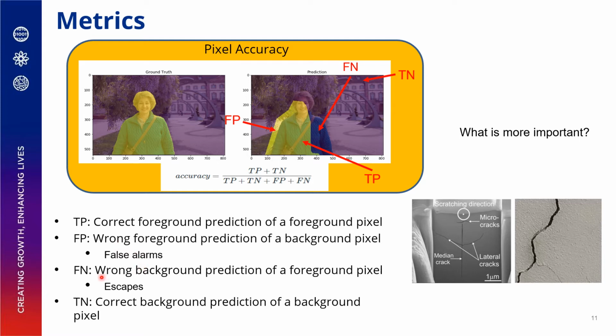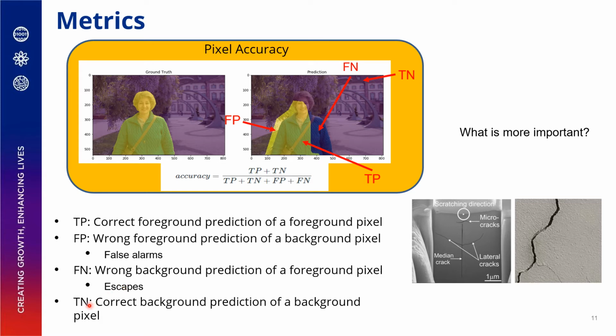Now you have false negatives. False essentially means that you identified something incorrectly, right? So the opposite of this would be false negatives, where you identified something as background, which was actually foreground. In semicon especially, this is called escapes.